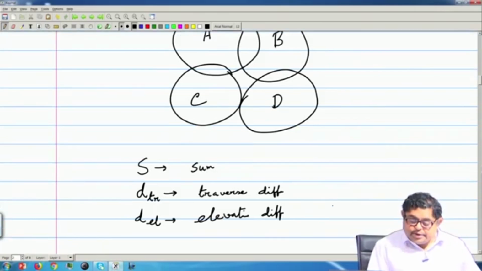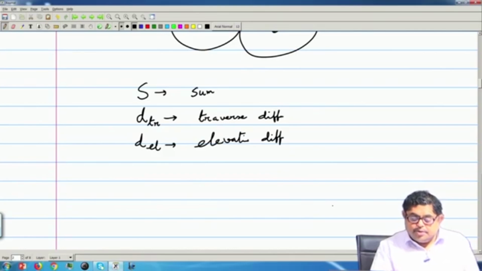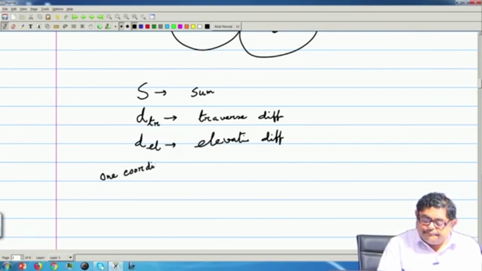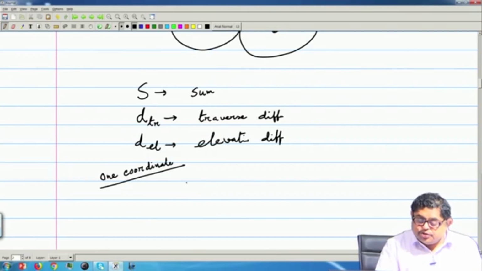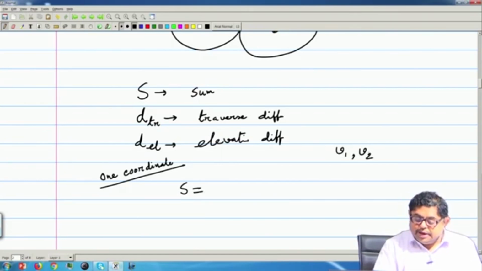Now let us give a quantitative expression of what the sum is. Suppose we are taking any one coordinate at a time. So, suppose we are interested in any one coordinate. If V1 and V2 are 2 voltages, then what will be S?